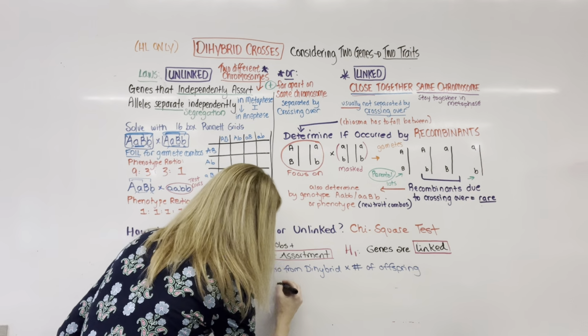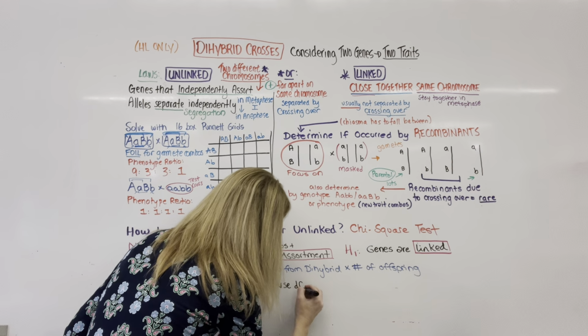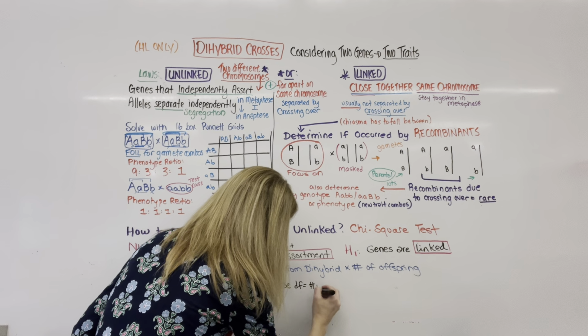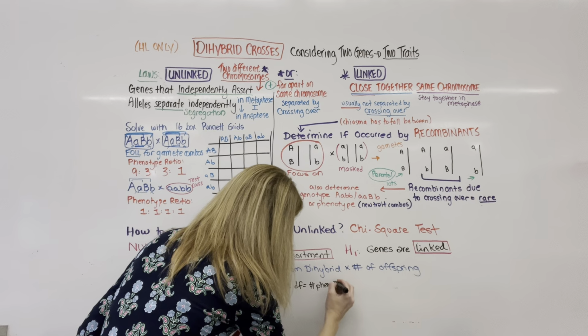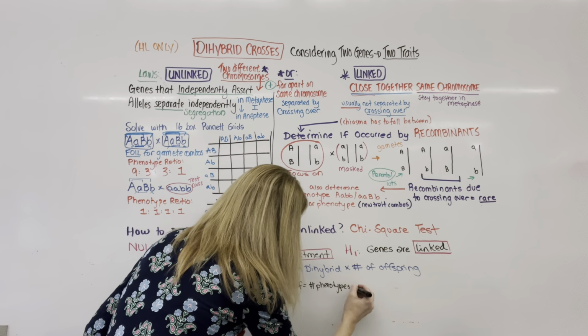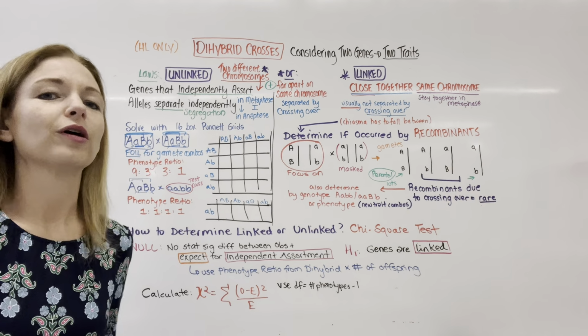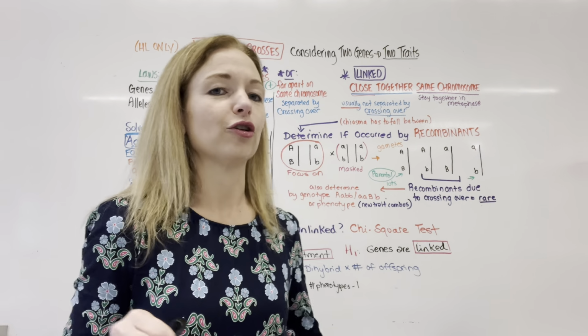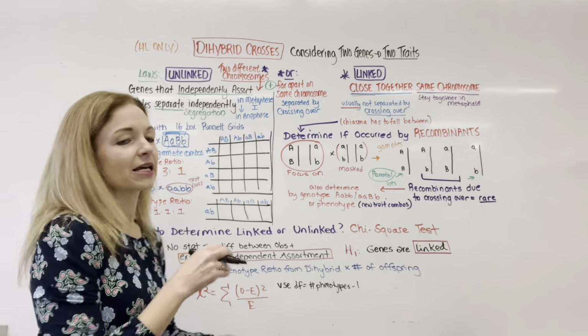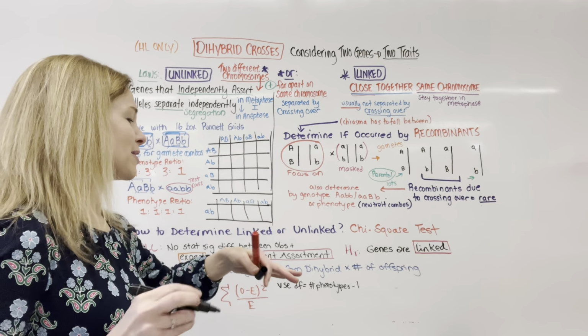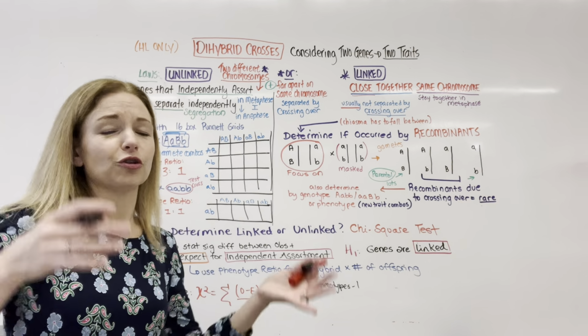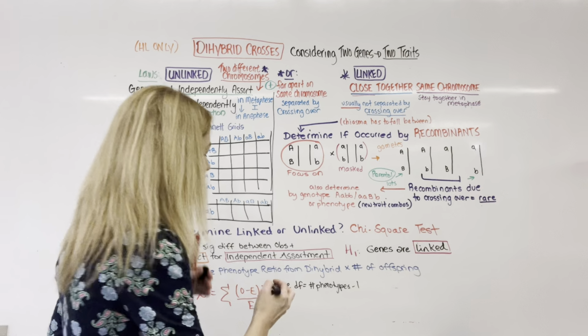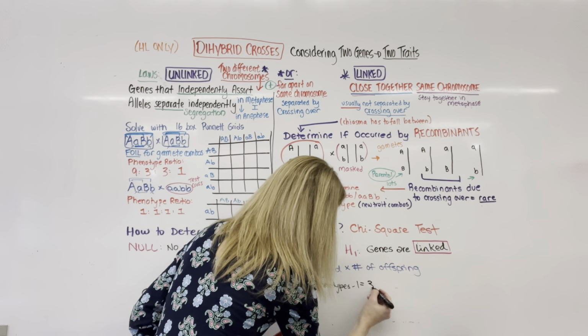Then our DF is always going to be 3. I'm just going to write number of phenotypes minus 1. You can actually use these for testing if something is incomplete dominance, but you don't have to do that in your course. It's only for this exact use. So your DF is number of phenotypes minus 1, which essentially always should be 4 possible phenotypes. So essentially always use DF of 3.